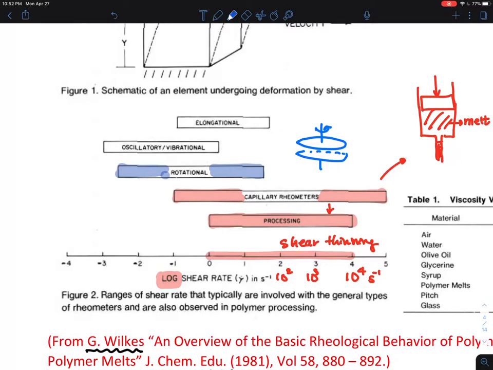And for this one, the shear rate range is about here. Right? So you will see some portion of the shear thinning, but the range of the shear rate does not reach the higher ranges such as from the capillary viscometer. So if you truly want to understand the rheological behavior related to processing, you need to have a capillary viscometer or rheometer, and the rotational shear rheometer, and you have those ranges.